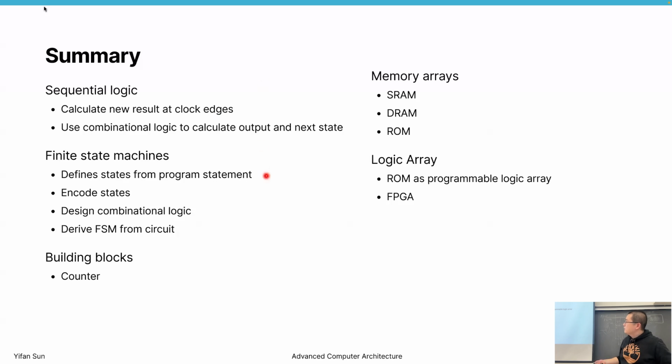Okay, as a summary, we're finally done with sequential logic, and pretty much these 5 lectures are the whole digital design course at the undergraduate level. At least my undergraduate-level digital design course only ends at about this point. We talked about sequential logic and finite state machines, and how to use finite state machines to design a circuit, even for something like a code pattern detector, right?